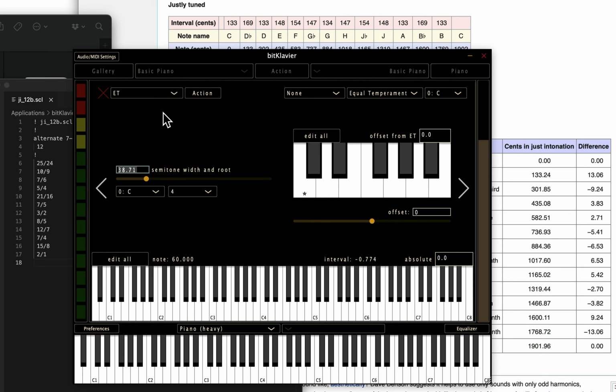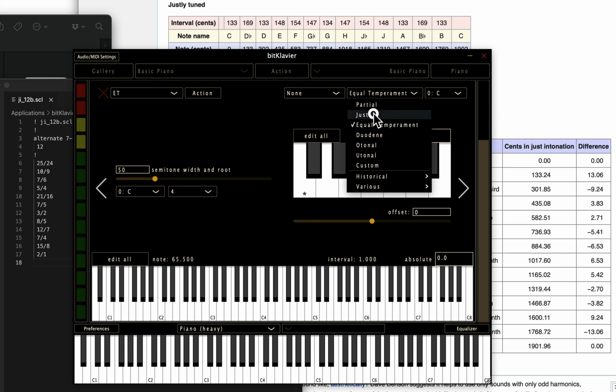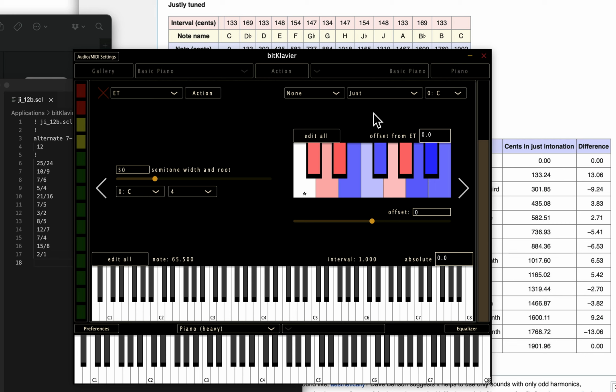Now, one curious thing about this, and I'm going to set this back to a quarter tone keyboard here, is that this is actually overlaid on whatever tuning you set here. Right now I have it to equal temperament, but if I set it to, say, adjust intonation where we expect the major third to be a little bit smaller than in equal temperament.